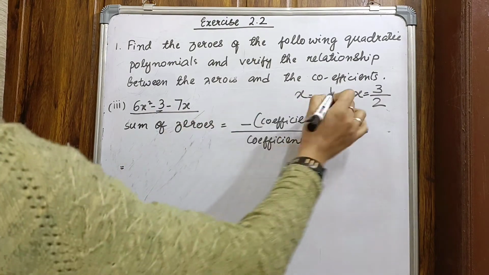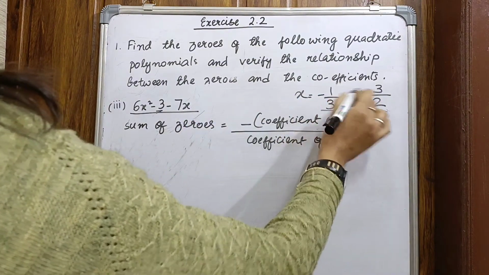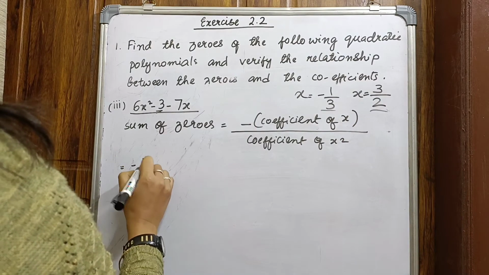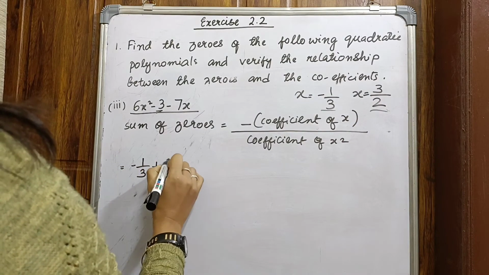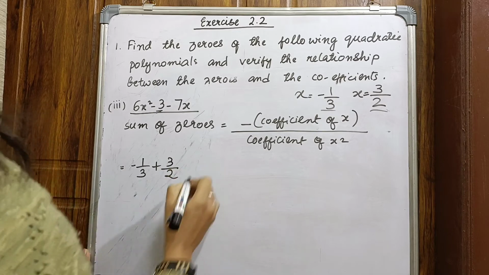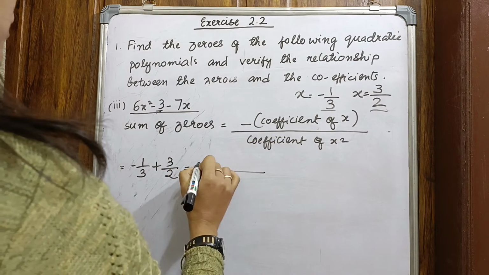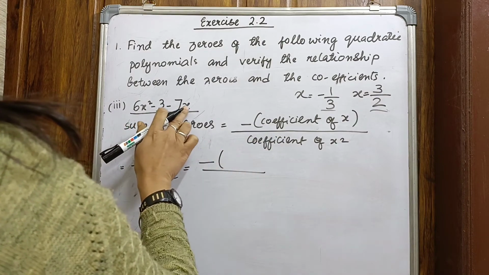The two zeros are minus 1/3 and 3/2. Minus 1/3 plus 3/2 equals minus of, what is the coefficient of x?